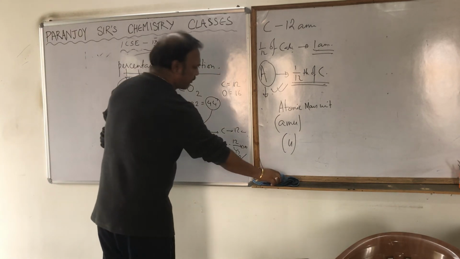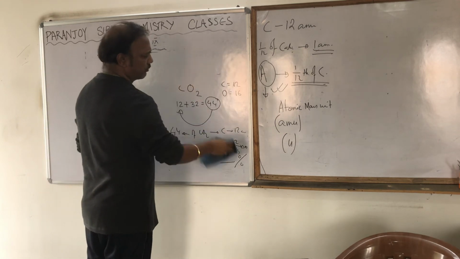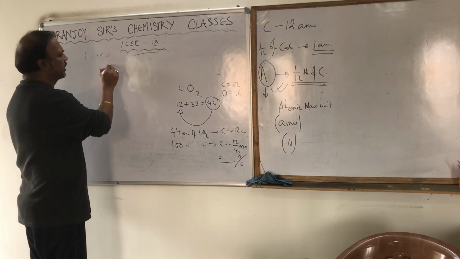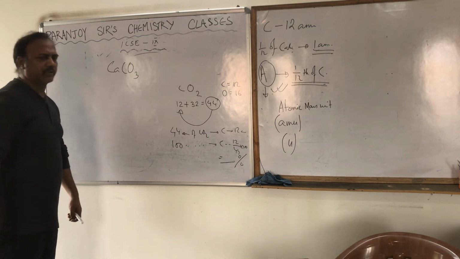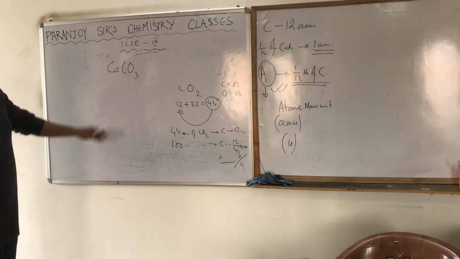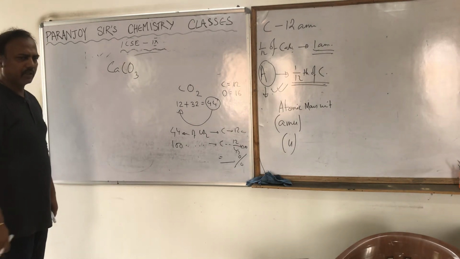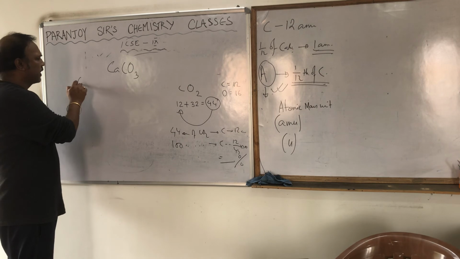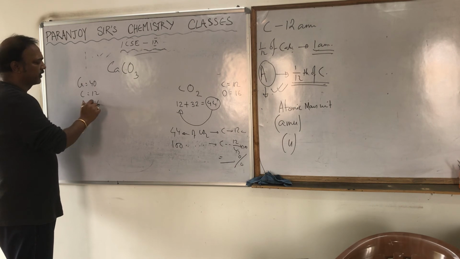Okay, one more example, so you do it with me also. Suppose calcium carbonate. I am taking this example for a reason: it is easy to calculate. First of all, we have to find its molecular mass. Calcium's atomic mass is 40, carbon's atomic mass is 12 and oxygen's atomic mass is 16.